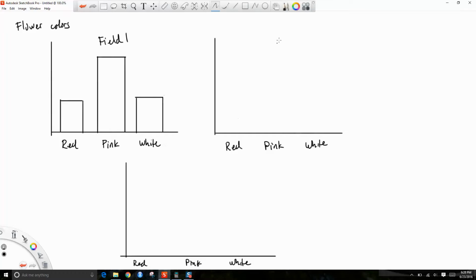Okay, field 2 had this many red flowers, this many pink flowers, and this many white flowers. Okay. Now, normally on a real bar chart, these would be labeled. There would be some kind of number line. I guess that's no problem putting in a number line here.